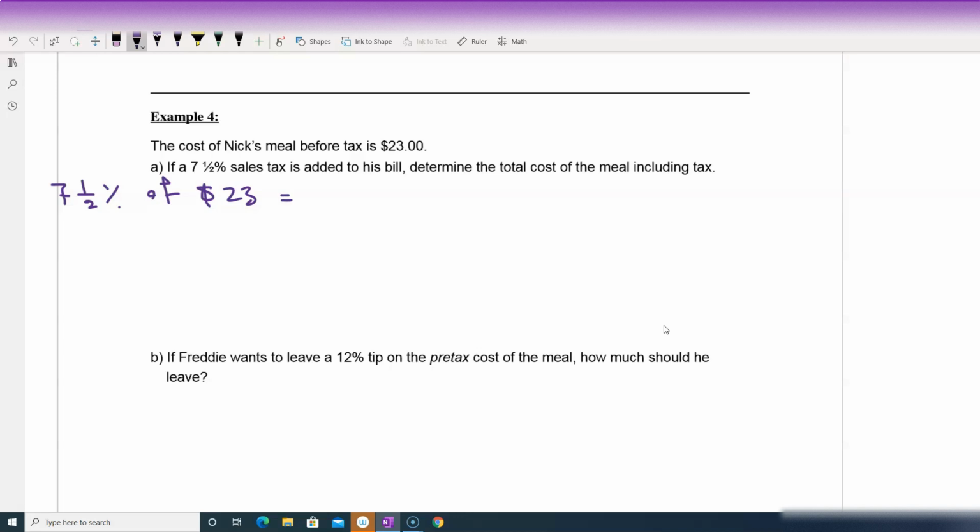I want to find that one first. It's 7.5%, and using a decimal number instead, 0.075 multiplied by 23. Rounding, it's $1.73.